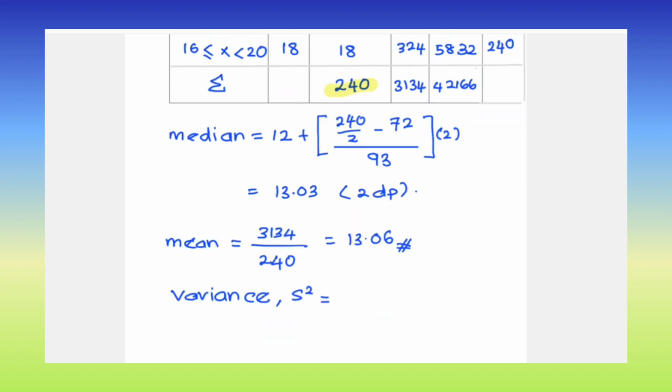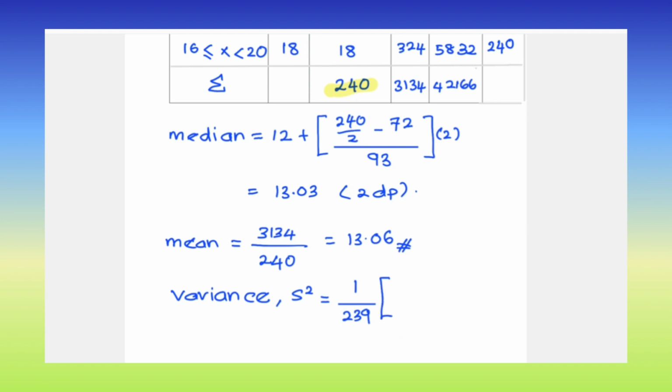Okay, variance, by using the formula. So 1 over total, and we have 240, so minus 1 is 239.